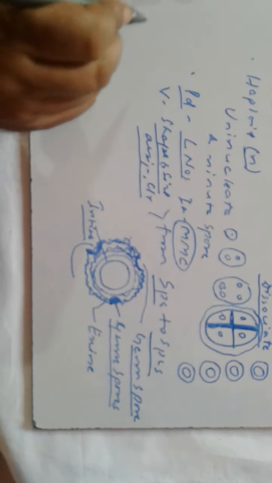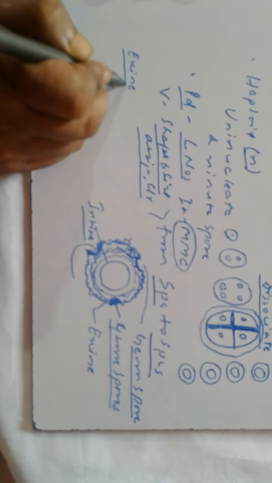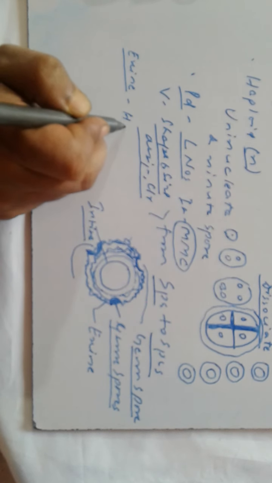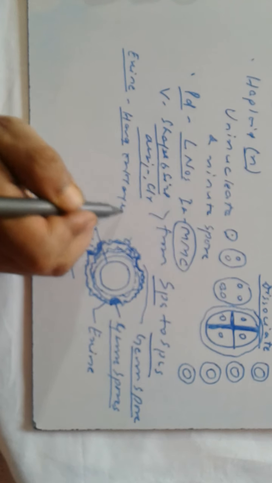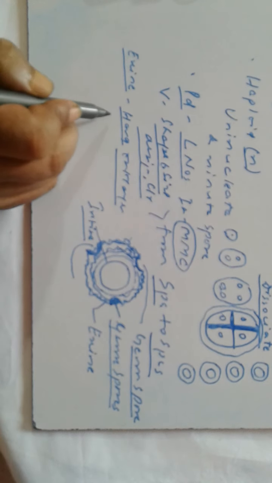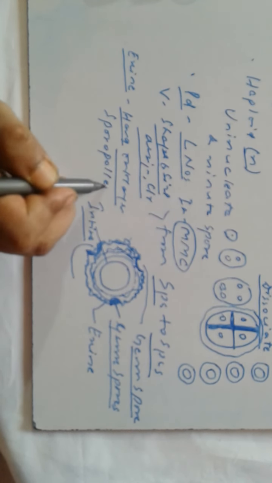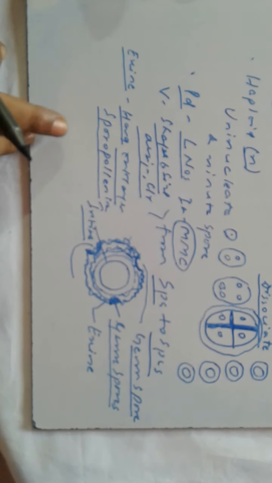So exine is the hard outer layer, and it is made up of sporopollenin.